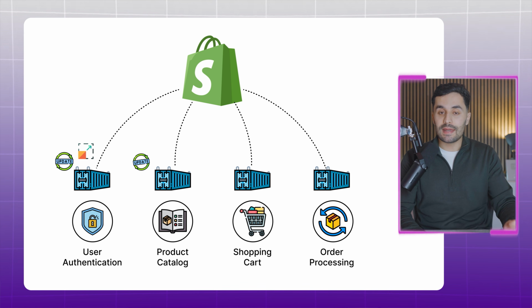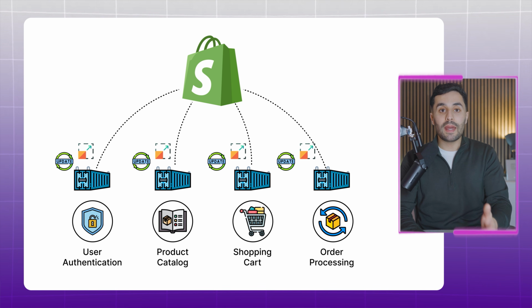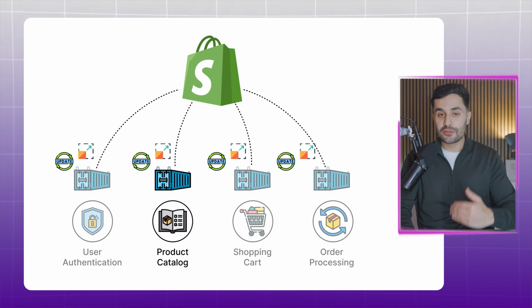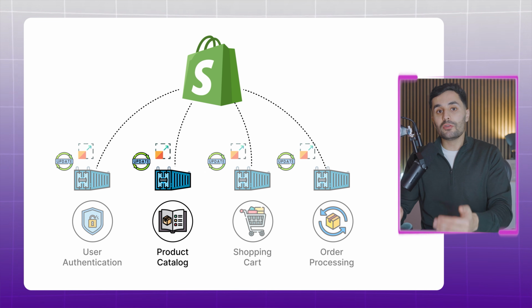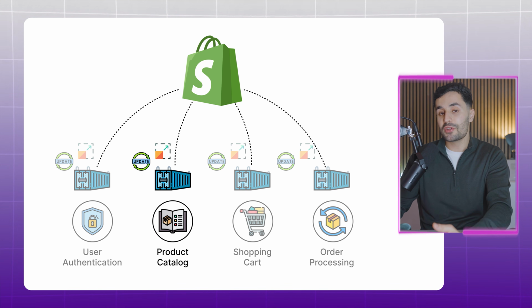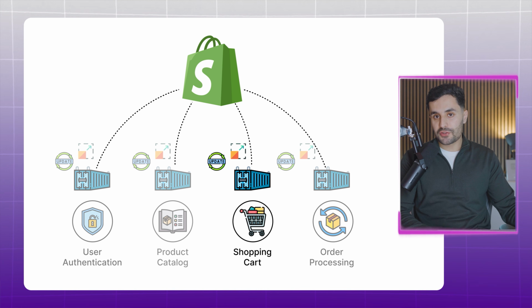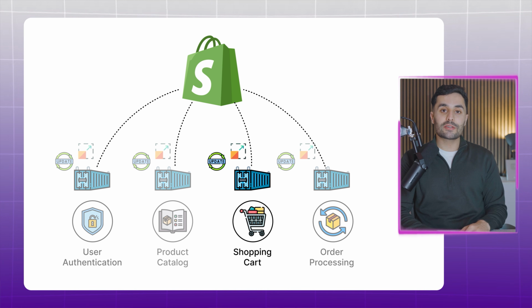It can be updated independently and can scale based on its own needs. Now, the beauty of this approach is its flexibility and efficiency. If your product catalog needs more resources during a sale, you can scale just those containers without touching the rest of your application. If you need to update the shopping cart functionality, you can deploy changes to just those containers. Each piece of your application becomes independent, but still works together as a whole.